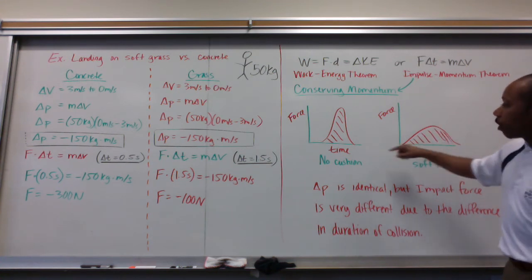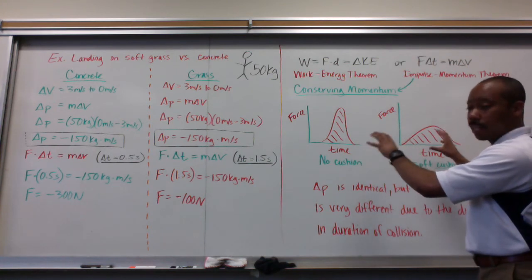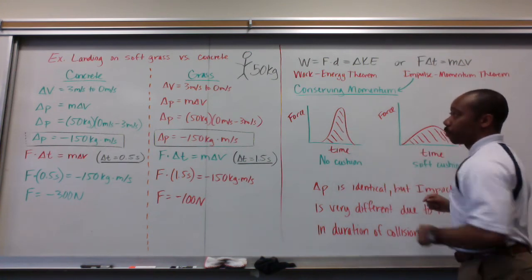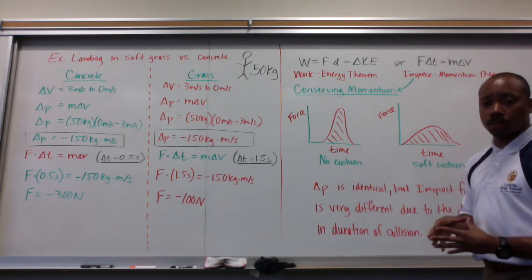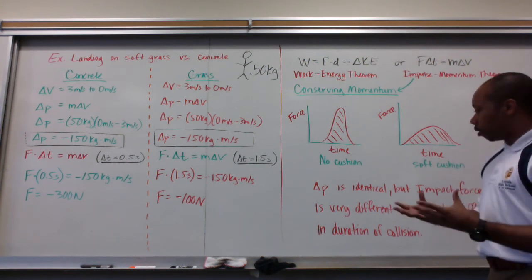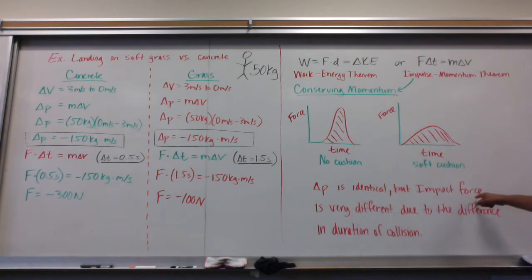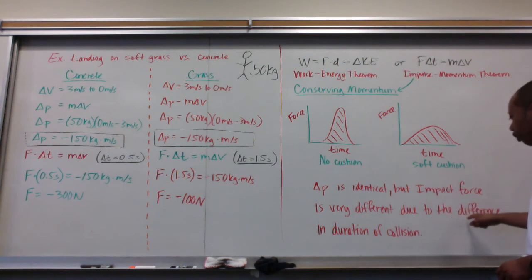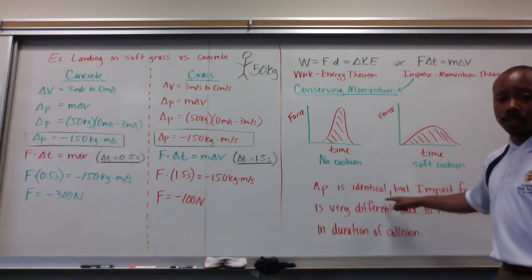The area under the graph is the same for both scenarios. The area under the graph represents the change in momentum and the impulse. So now the change in momentum is identical, but the impact force is very different due to the difference in duration of collisions. This is the take-home message.